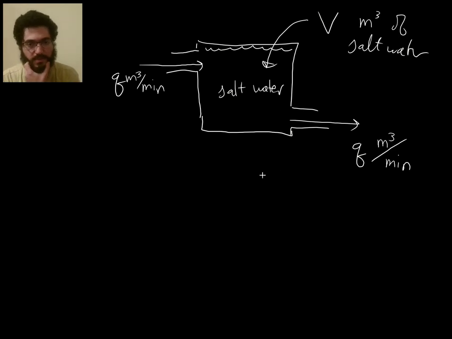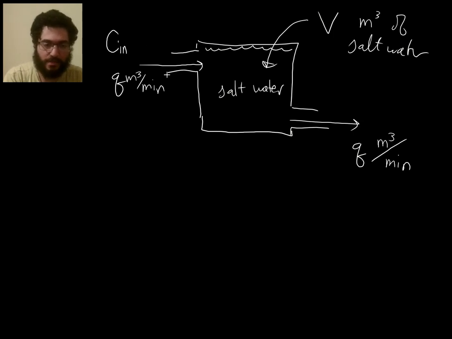And what's coming in exactly? Some kind of salt water from some reserve that you have elsewhere, and it has some concentration. Let's say the concentration is Cn. And what would be a good unit for salt concentration?